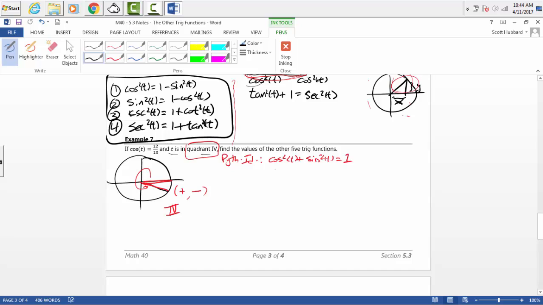It's going to be 12 over 13, that's cosine, and I have to square it, plus sine squared of t, and that has to equal 1. Then we can solve for sine, because I can subtract 12 over 13 squared from both sides.